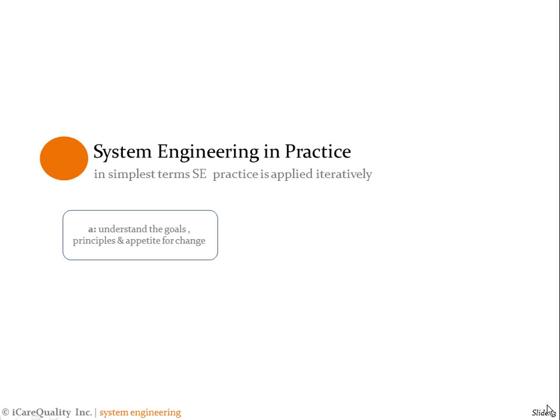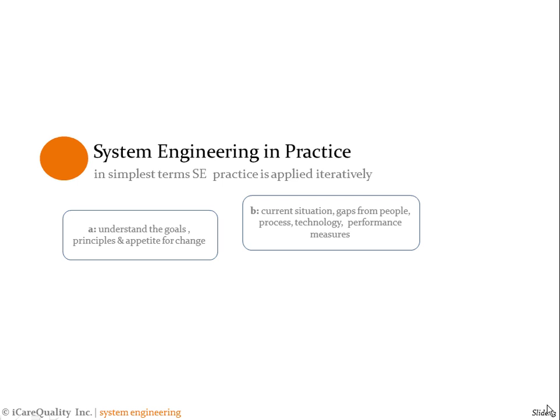Now let's look at system engineering in steps. Step 1, we understand the goals and the principles and the organization's appetite for change. Step 2, we look at the current situation. We understand the current situation and the target and the gaps from the people, process, and technology perspective, and most importantly also from the performance measures point of view.